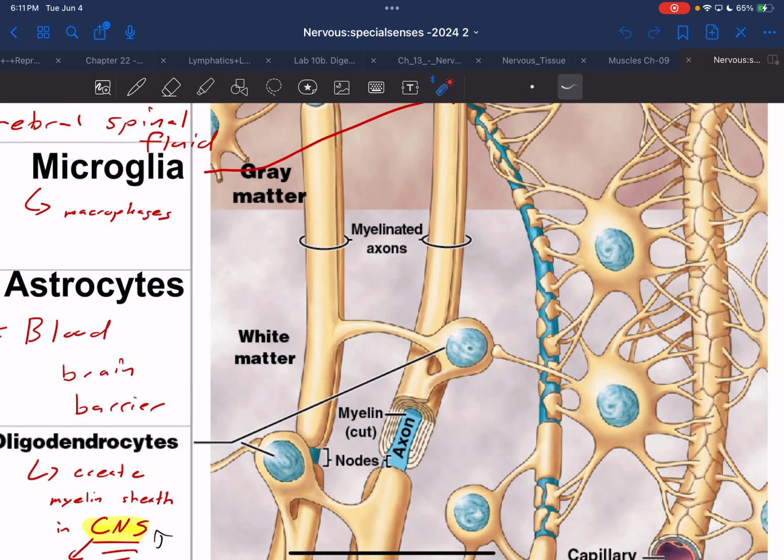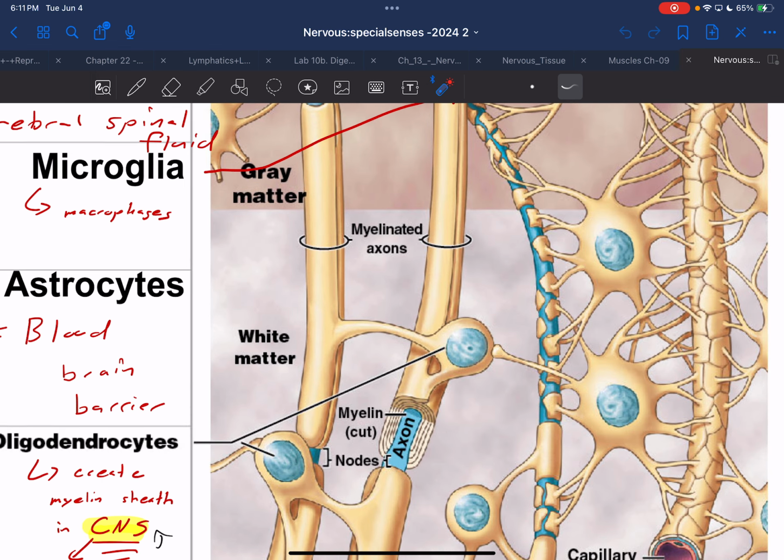And when that's happening, your brain, your consciousness, your thinking begins to deteriorate. Because without this myelin, you don't conduct action potentials or nervous impulses adequately. And so these myelin sheaths will speed up nerve impulses.